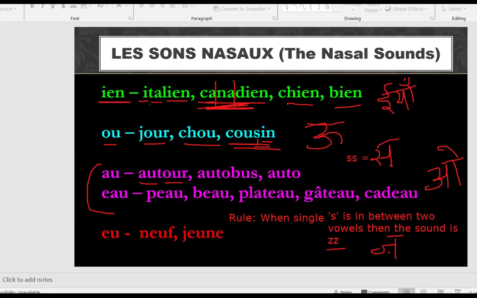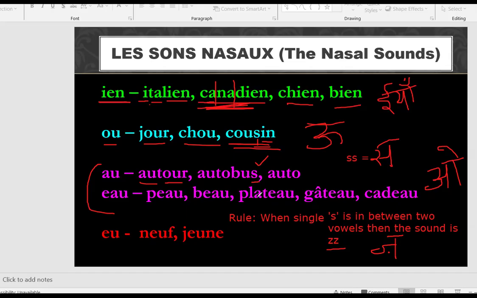Right. Okay, the next word, Autobus. Very nice. So this is an exception. S is pronounced here. Okay, exception hai ye.